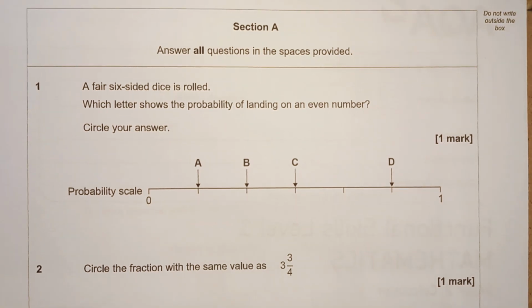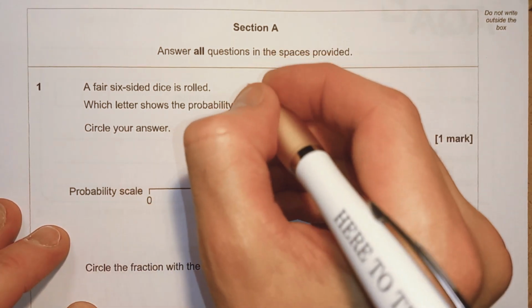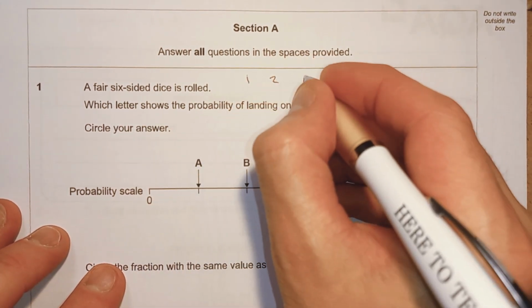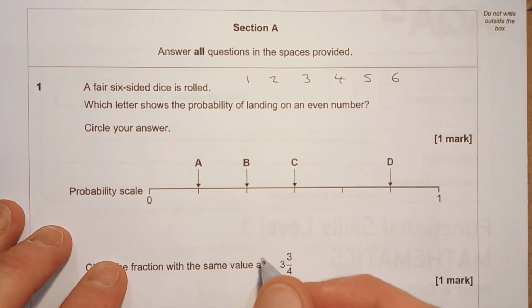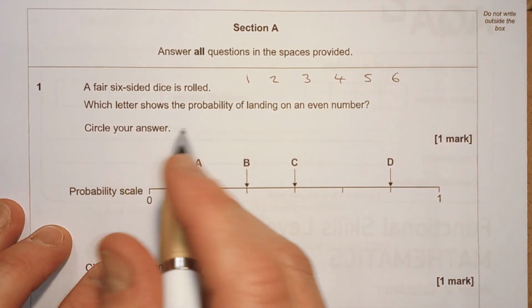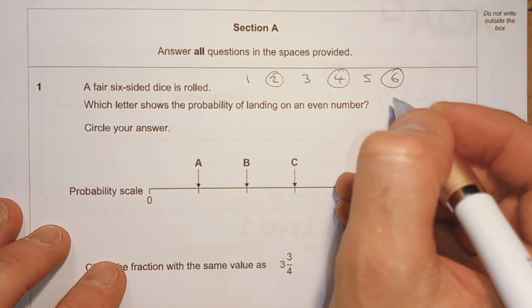Okay, question 1. A fair 6-sided dice is rolled. Which letter shows the probability of landing on an even number? Okay, so a 6-sided dice, so we've got 1, 2, 3, 4, 5 or 6. They're the possible outcomes. We're interested in the even numbers, so that's 2, 4 or 6.